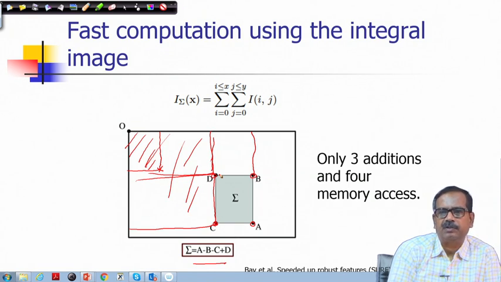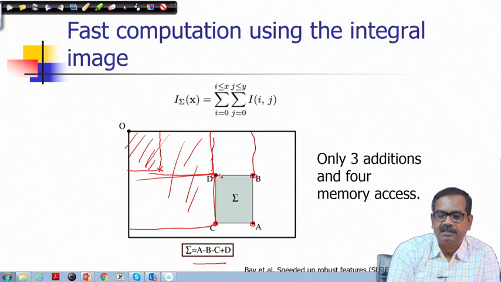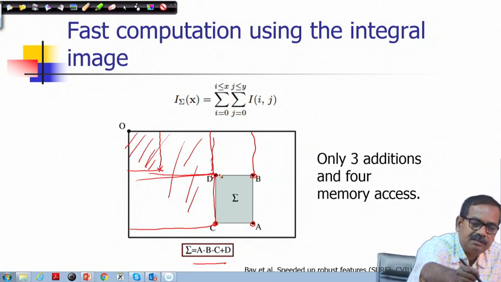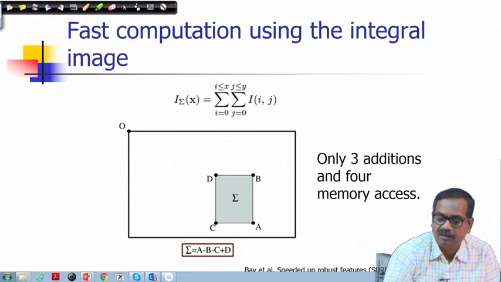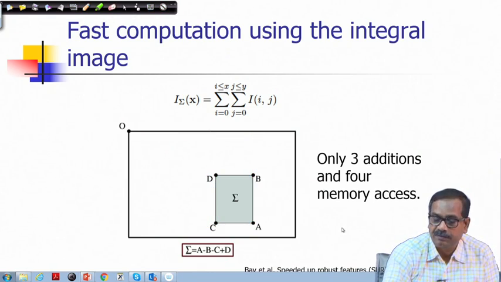You can see the box filter implementations earlier for computing the determinant of the Hessian matrix, which we discussed. Every computation of the sum of these pixel values requires only 3 additions and 4 memory accesses, and that is how it efficiently increases the speed of computations.